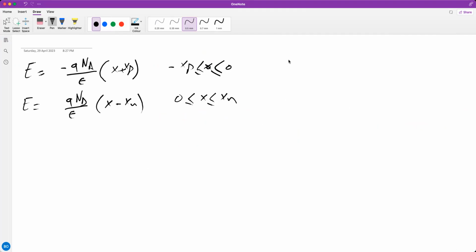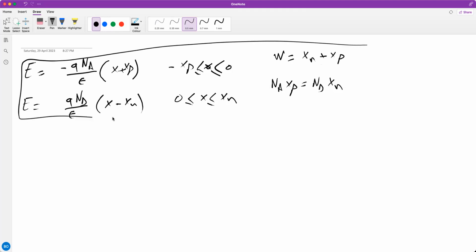And we have seen that NAXP is equal to NDXN. And obviously, the width of the depletion region is equal to xn plus xp. So these are very fundamental equations.